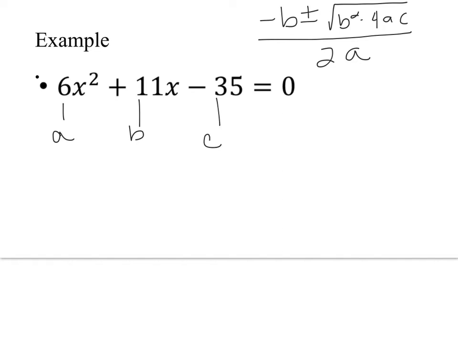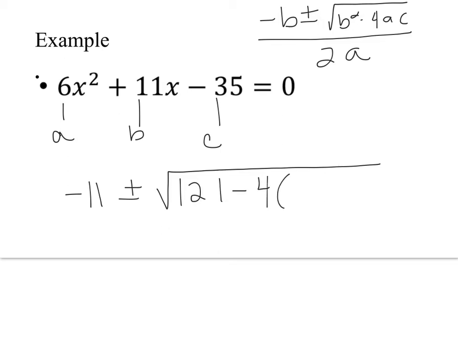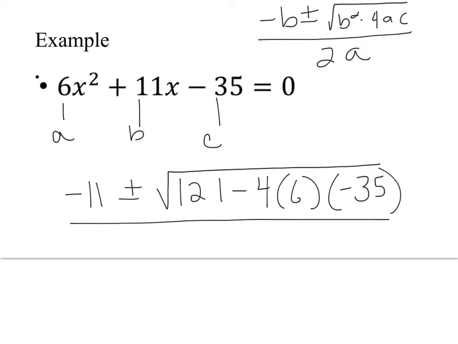The opposite of b is negative 11, plus or minus the square root of 11 squared, which is 121, minus 4, a is 6, c is negative 35, all divided by 2 times 6, and we know that's 12.